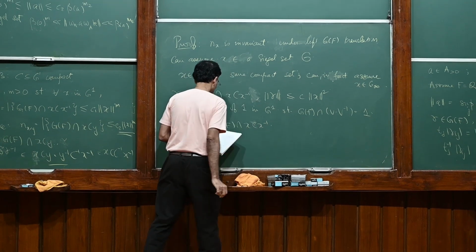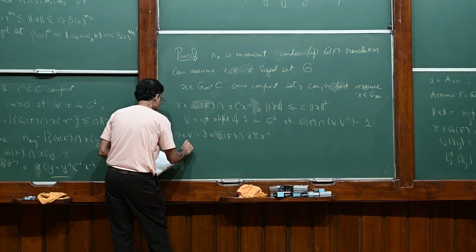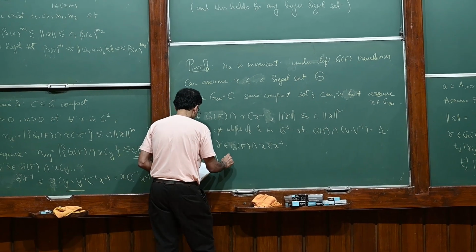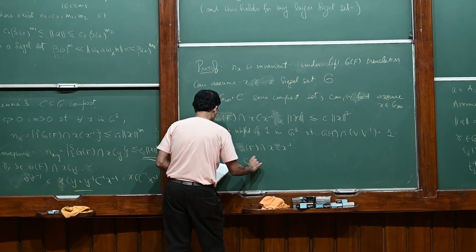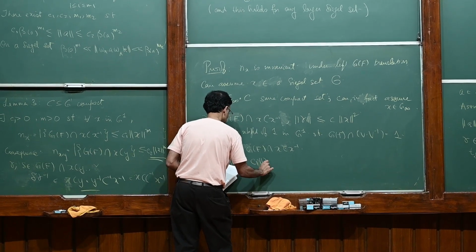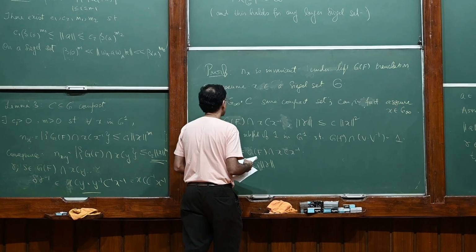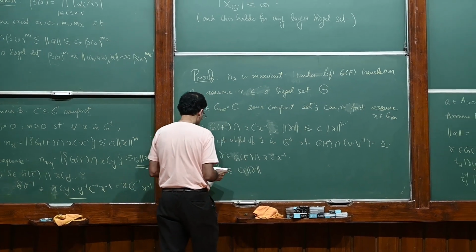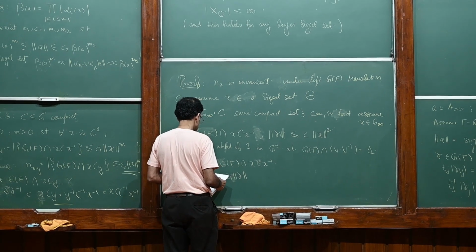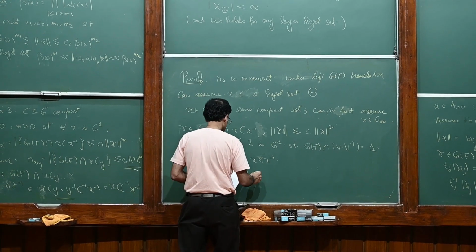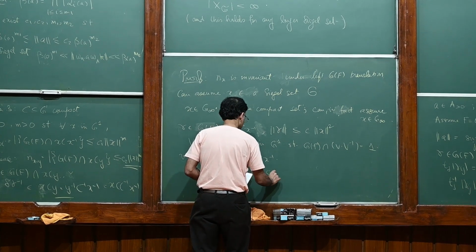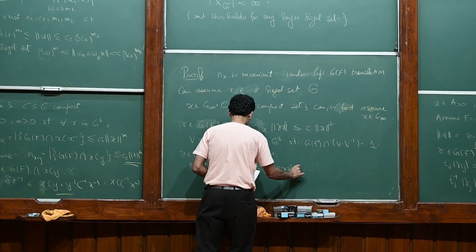Gamma in x C x inverse, right? Then what we know is that the norm of gamma v is of course less than or equal to some C1 times the norm of gamma, right? Because this was a compact neighborhood. And that's also less than some C2 times norm x squared, right?